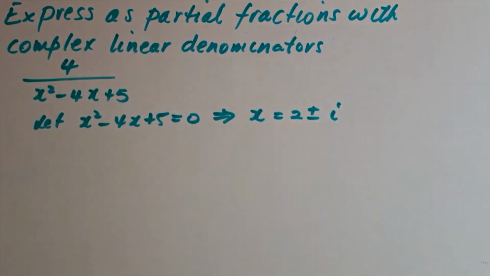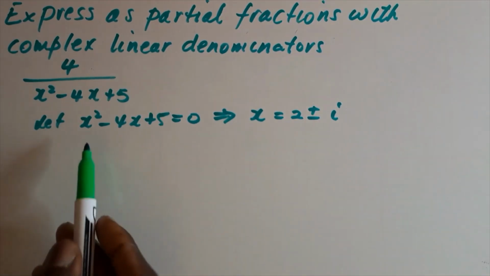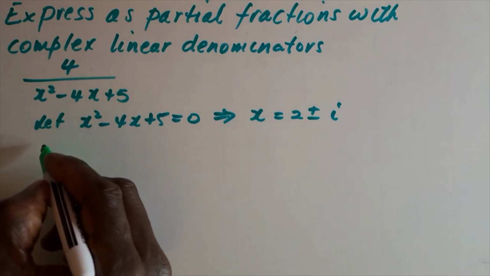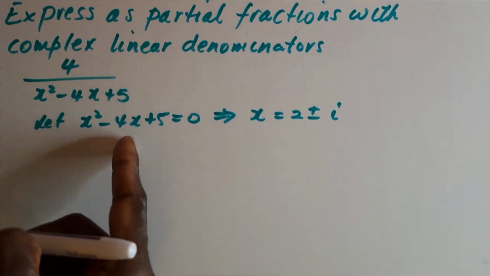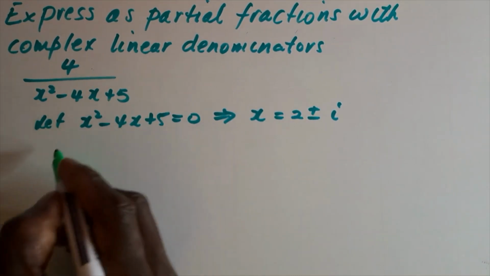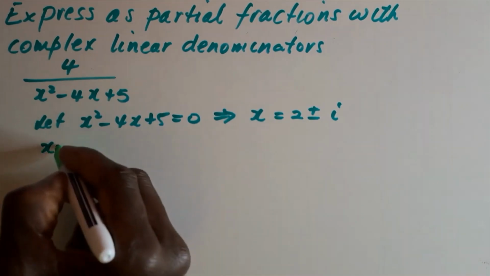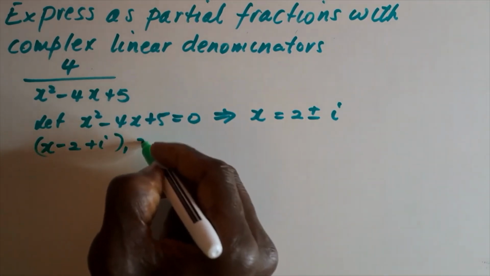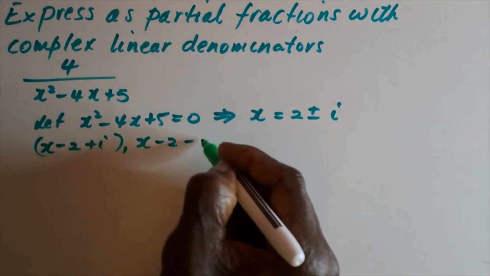Checking my previous videos, I've actually covered partial fractions for real numbers, and also yesterday I've covered how to solve quadratic equations such as this one, where b squared minus 4ac is less than 0 or negative. So the factors of x squared minus 4x add 5 are x minus 2 add i and x minus 2 minus i.